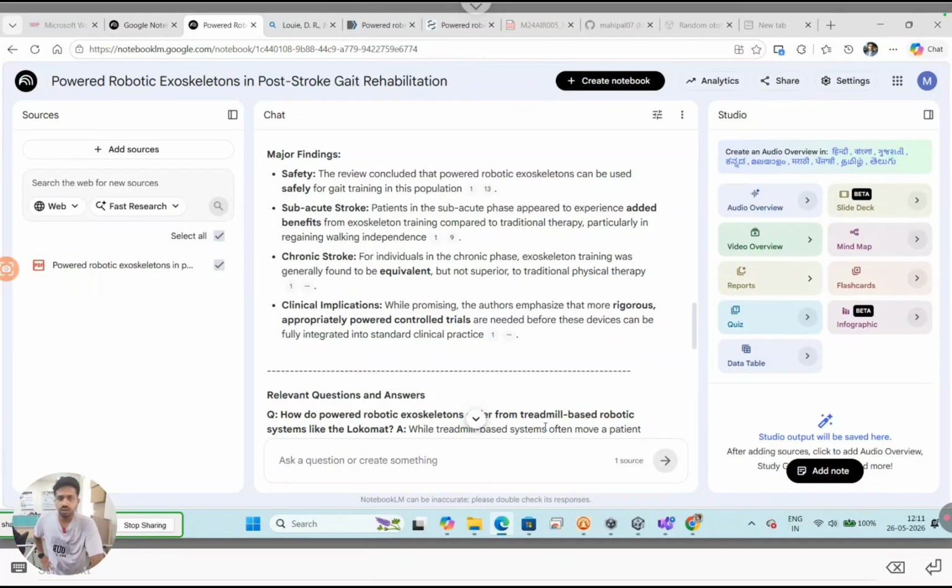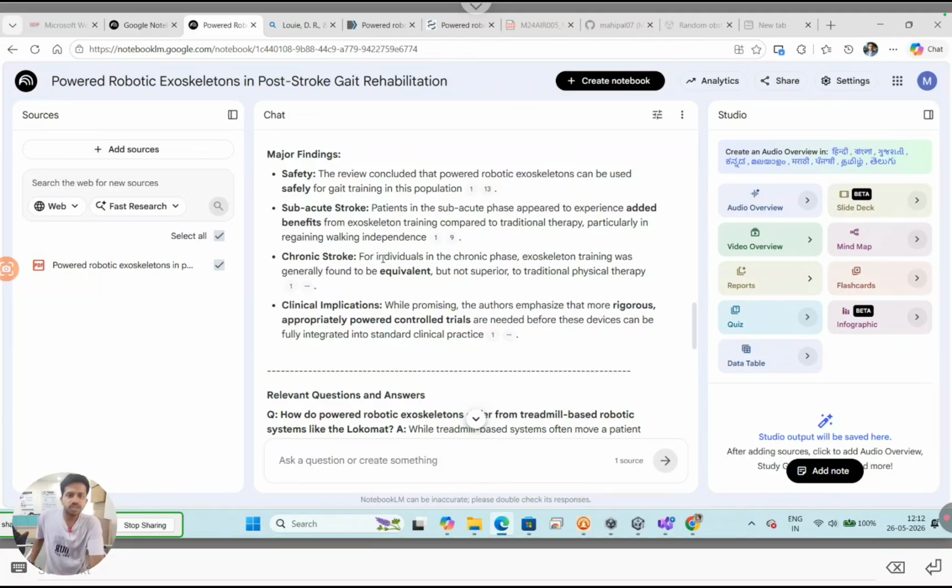Major findings were on safety. The review concluded that powered robotic exoskeletons can be used safely for gait rehabilitation in this population. This is the major finding. And subacute stroke patients in the subacute phase appear to experience added benefit from exoskeleton training compared to traditional therapy, particularly in regaining walking independence.